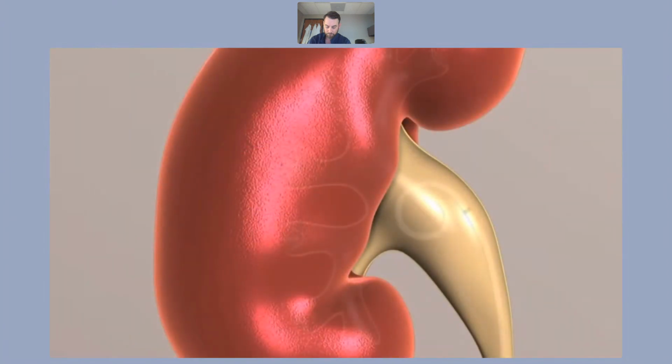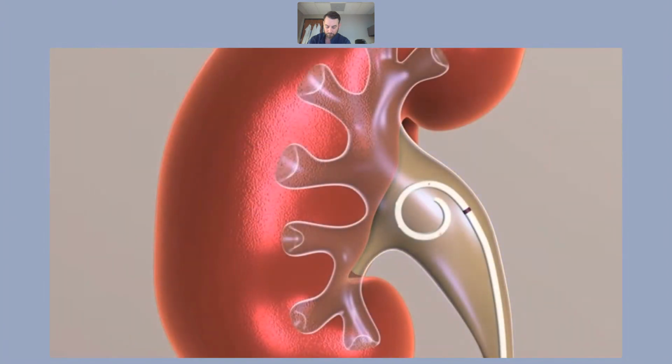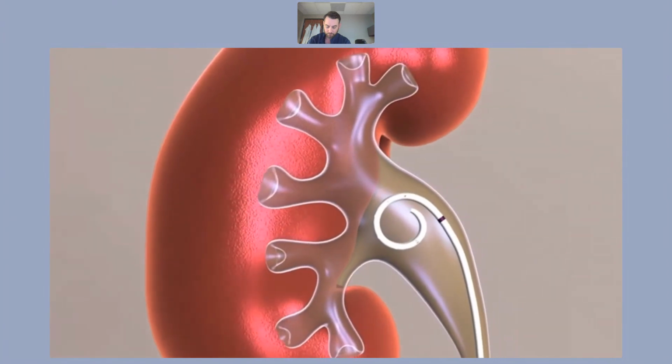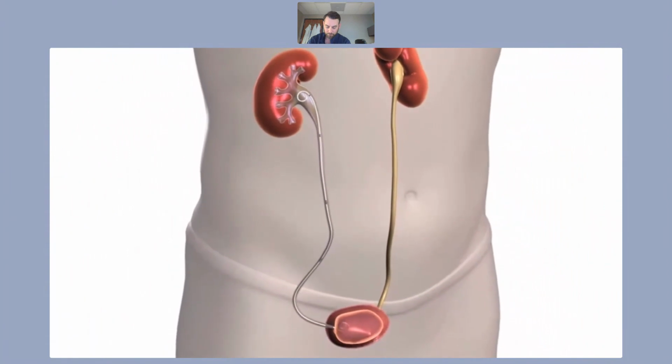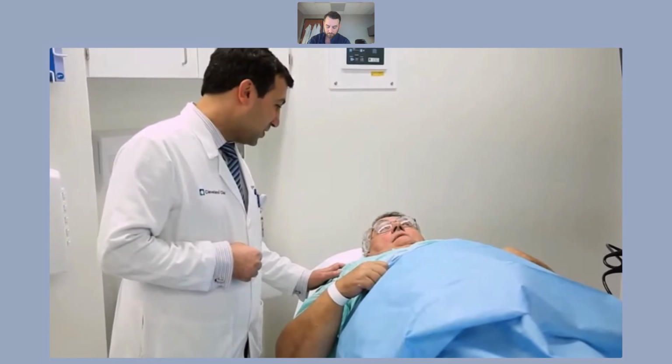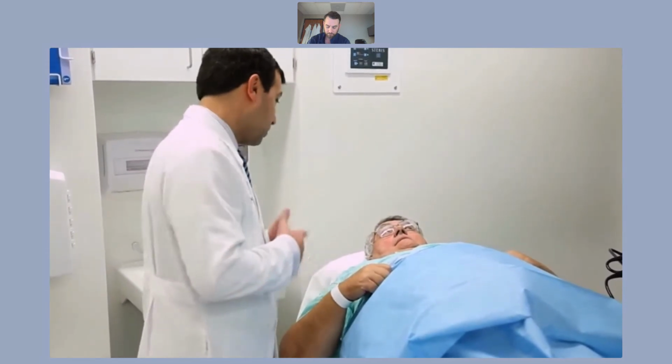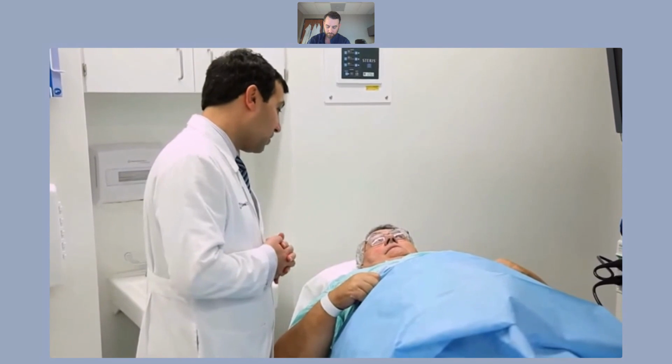This procedure usually requires a stent. A stent is a soft, hollow tube about 10 to 12 inches long and made of a flexible plastic material. The stent is placed in the ureter to hold it open. The stent is usually removed within 1 week after the nephrolithotomy during a brief in-office procedure.